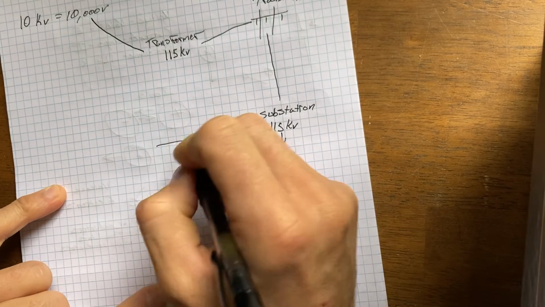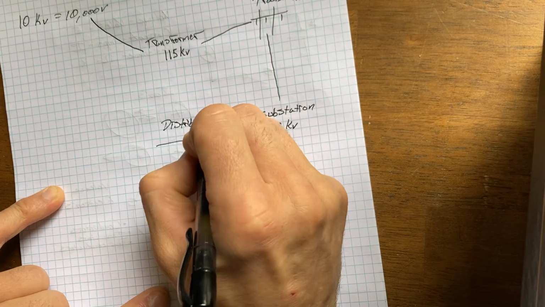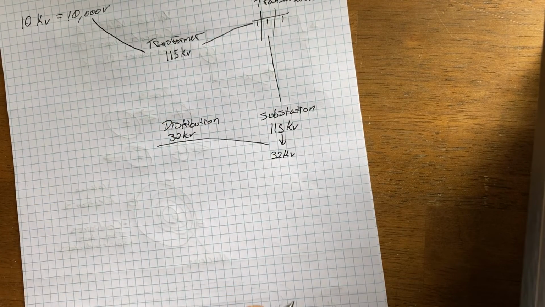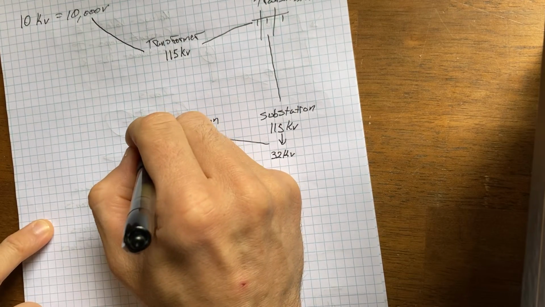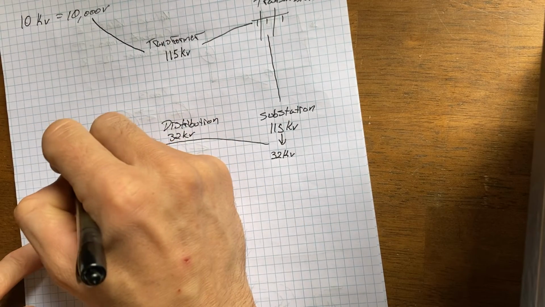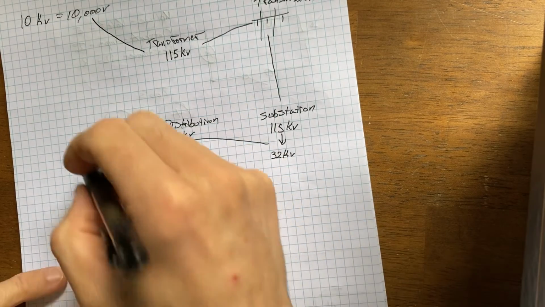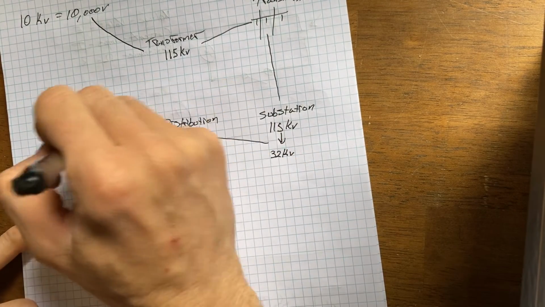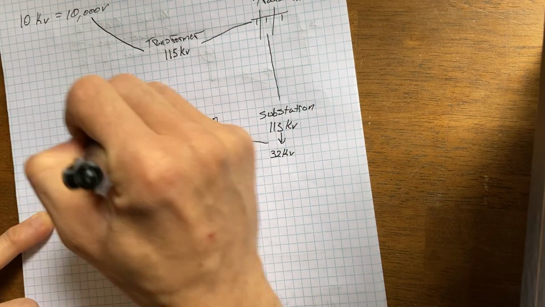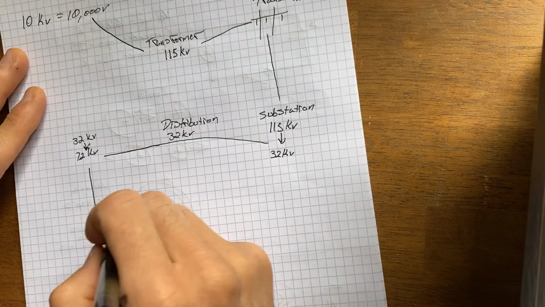So 32 kV, 32,000 volts distribution, and then it may even step down further to, say, 7.2 kV at another smaller substation. And that's when it goes out to the houses.